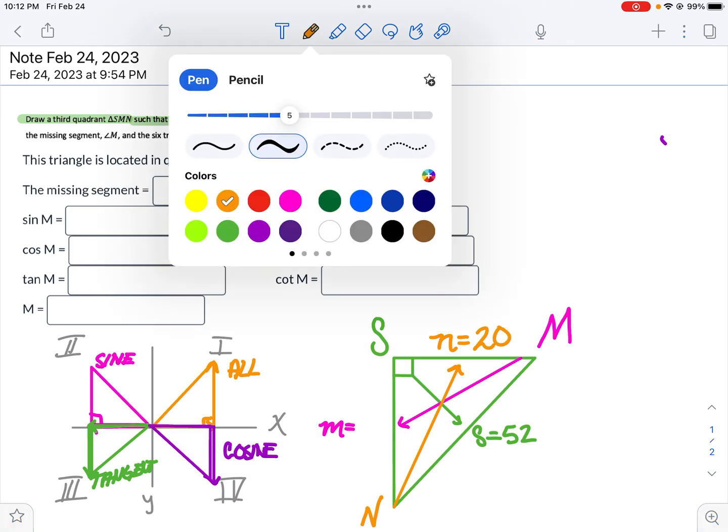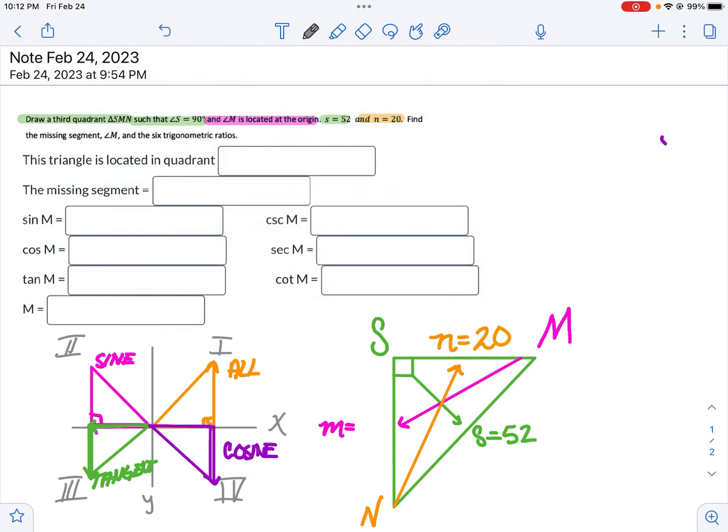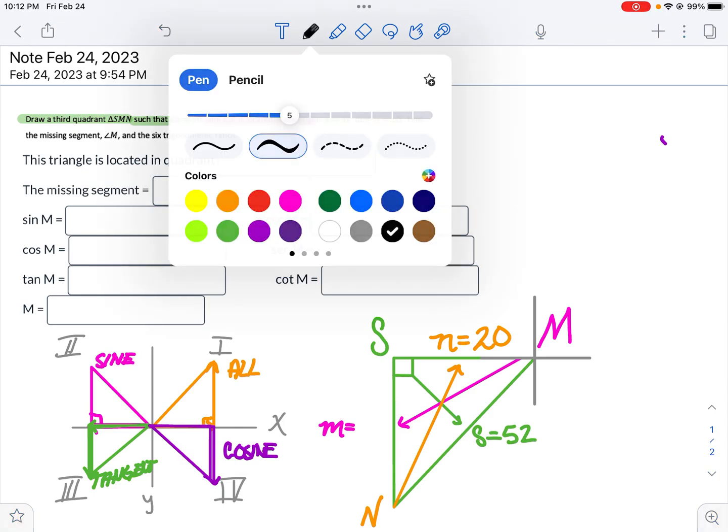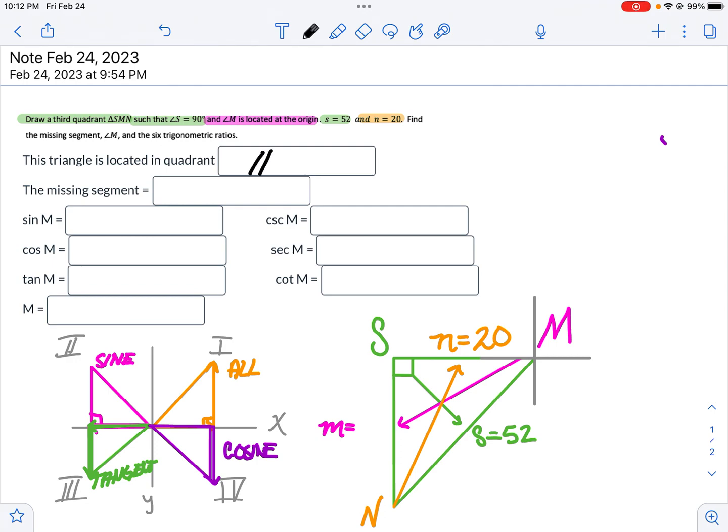And if you're wondering where the axis system is, here is the x-axis, and here is the y-axis. Okay? So that is your third quadrant triangle with the information that's been given. So the first thing we're going to put down in our answer is that this is a quadrant 3 triangle, because that's what the direction said.